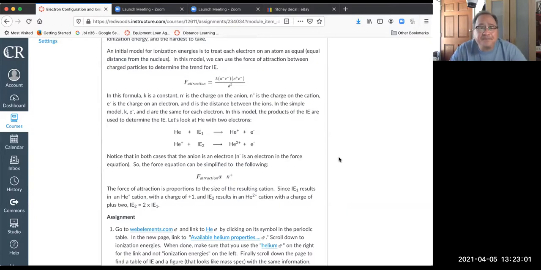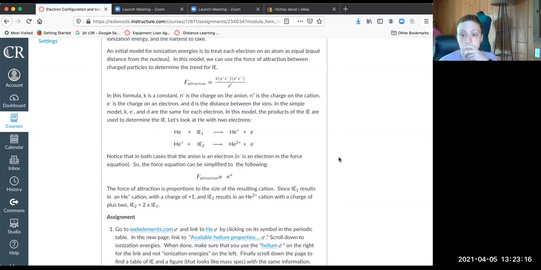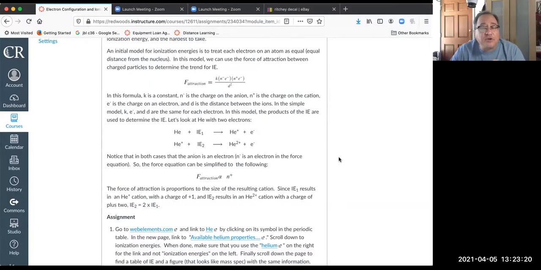Okay, so when we apply the force of attraction here, you see that little thing that looks like half of an infinity sign? That means proportional to. So the force of attraction is proportional to the positive charge. It's also proportional to the negative charge.